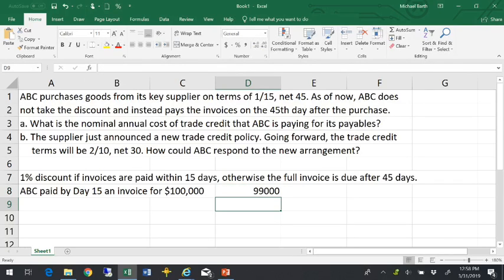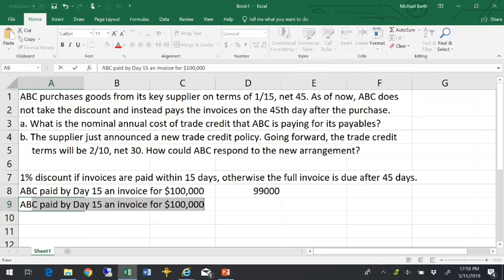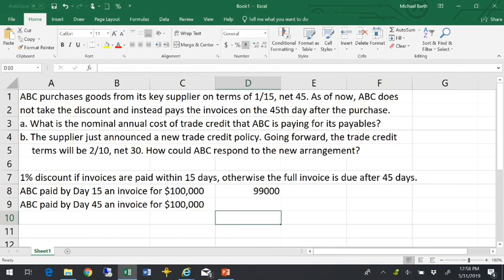They save $1,000 for paying on day 15. If ABC paid by day 45 on an invoice for $100,000, they pay $100,000. Okay, so what's the difference? $1,000.